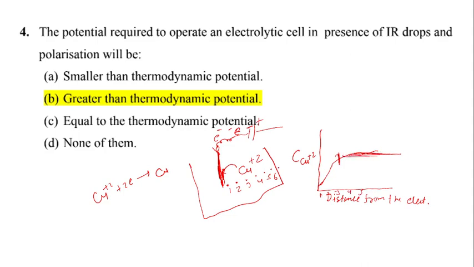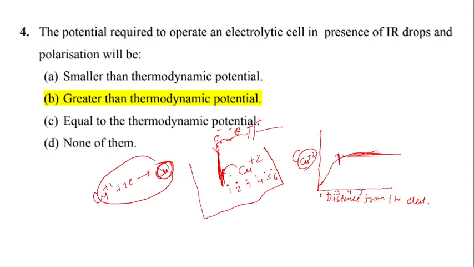Why is it so? Because here at the interface of the electrode, copper 2+ ions will be converted into copper metal. So obviously the concentration of copper 2+ ion will decrease.